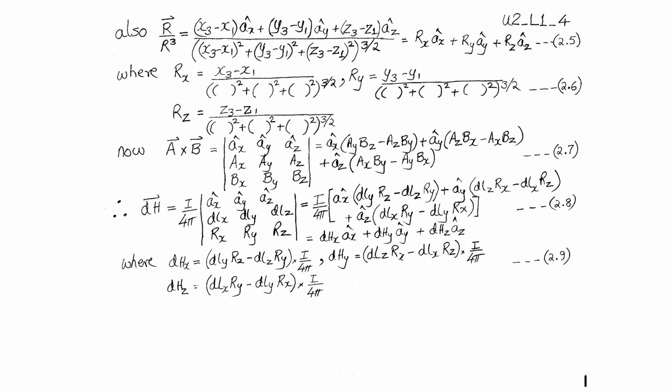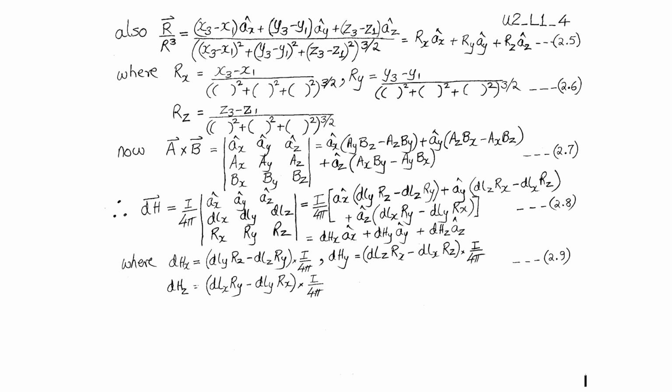Ry is (y3 minus y1) divided by the same denominator, and similarly Rz is (z3 minus z1) divided by the same denominator. So we have calculated what is I dl and what is r vector by r cubed.